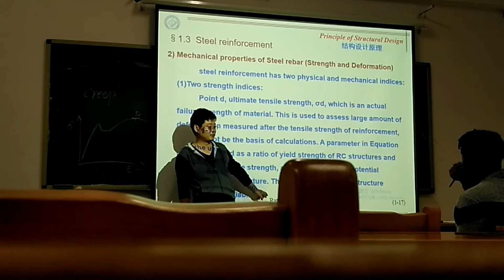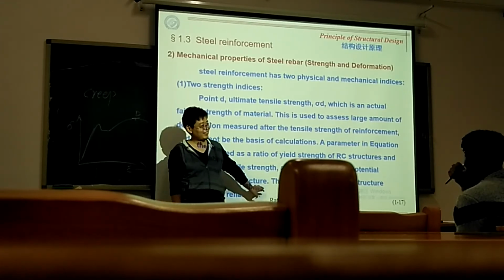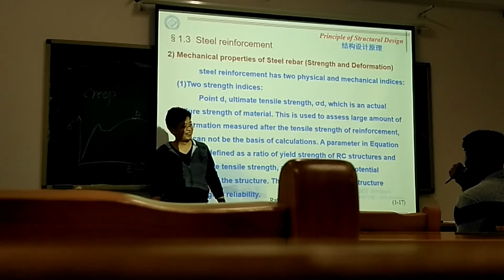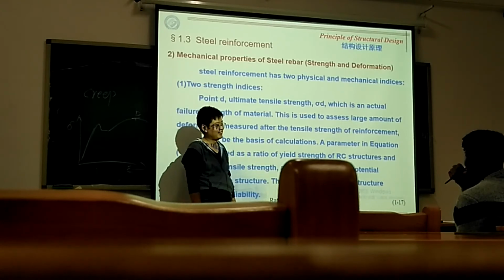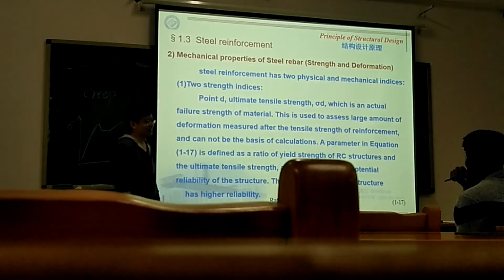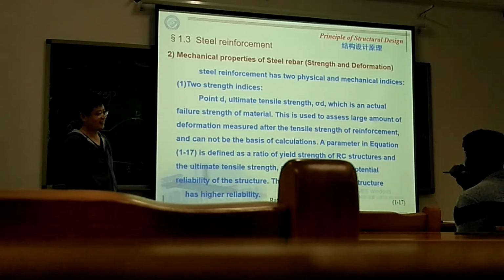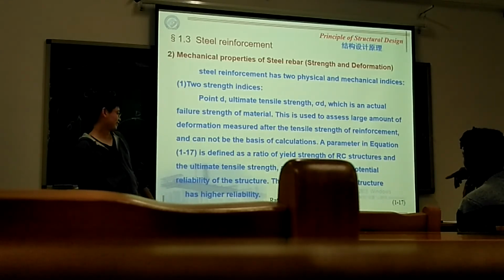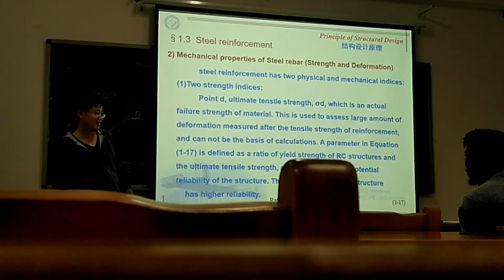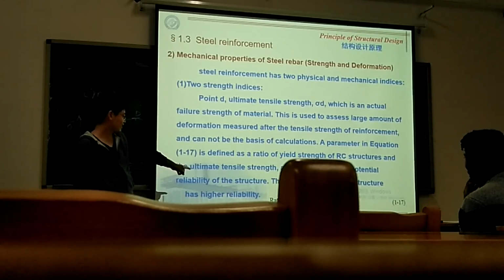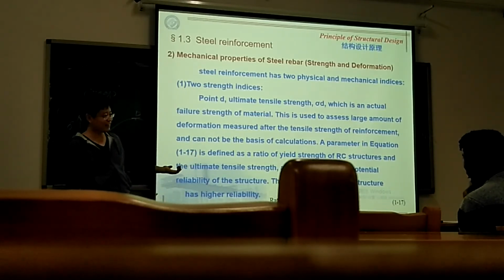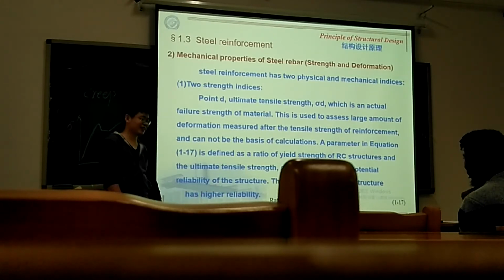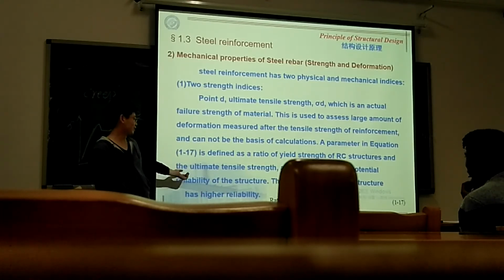Smaller is good. Why? Because the ratio is smaller, the structure has higher reliability. Here I explain why it is high reliability. Why does a smaller value mean high reliability?